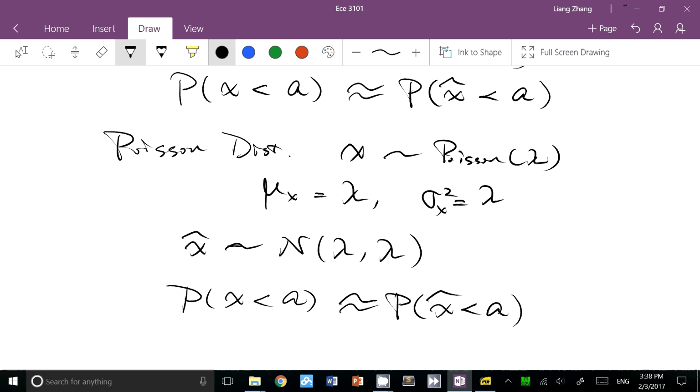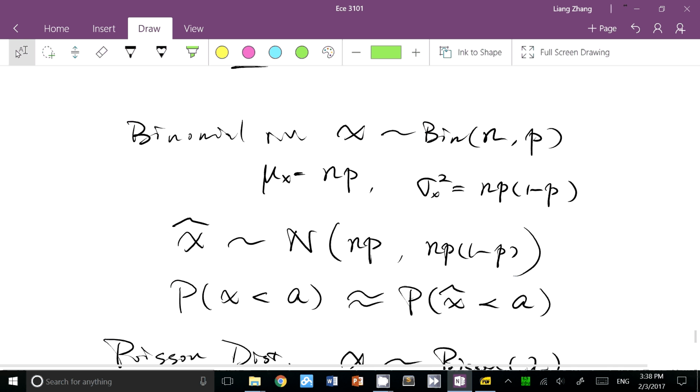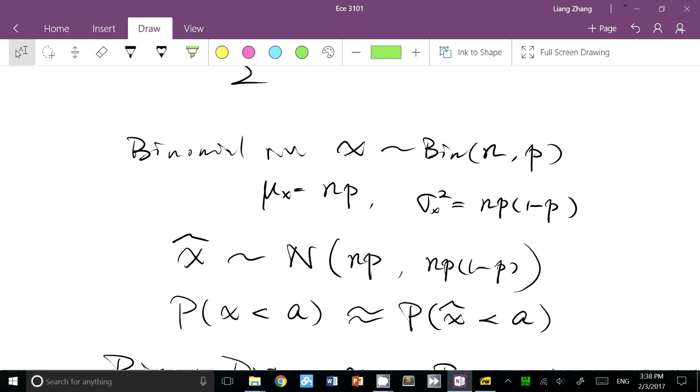Now, since Poisson and binomial distributions are discrete random variables, there will be a little trick in constructing this approximating normal distribution.